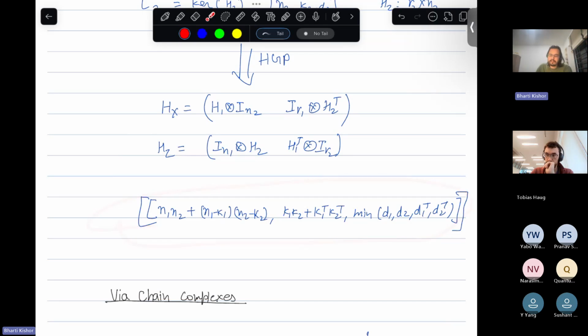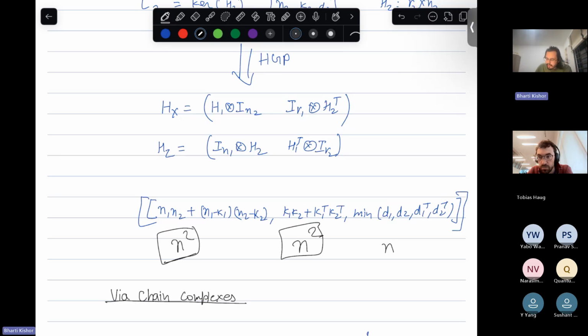So let's take n1 equal to n2 equal to n. So this will go like n squared, and k1 k2 plus k1 transpose k2 transpose can also go like n squared. But the distance, even if you take a good LDPC code, will go like n. So if you take n squared, you scale that and call it n prime, then this will be like square root n.